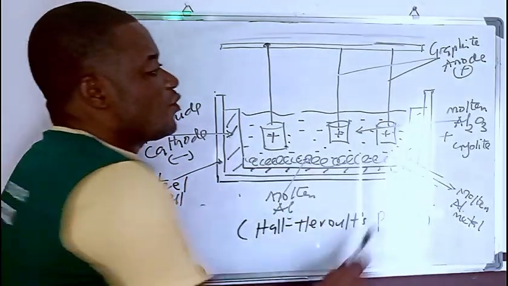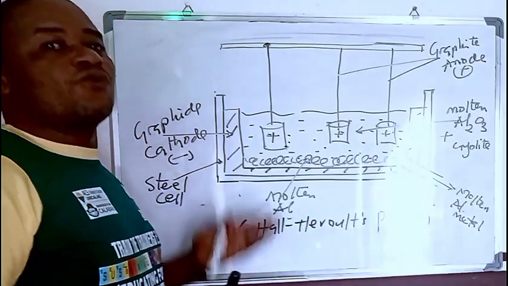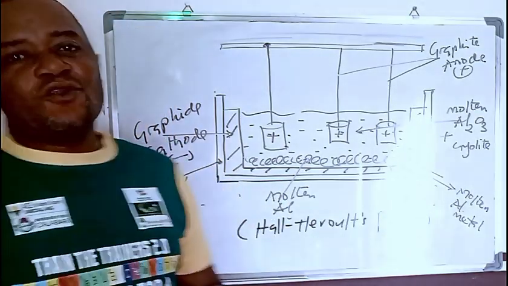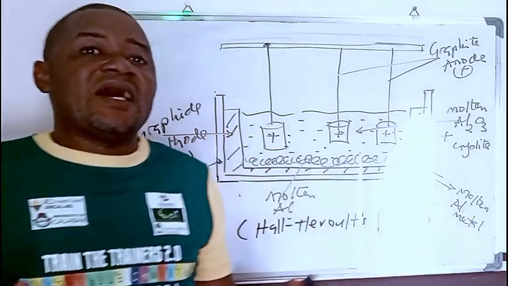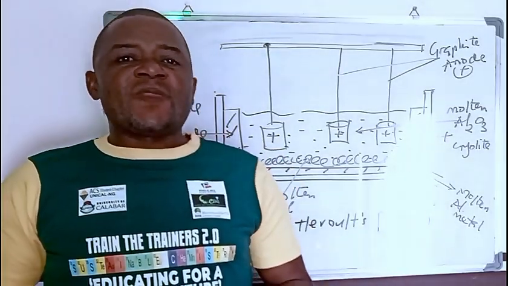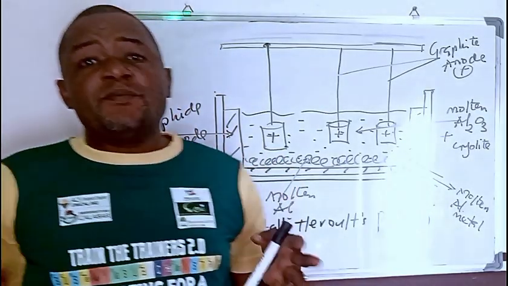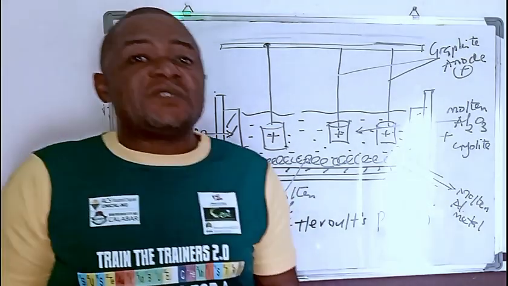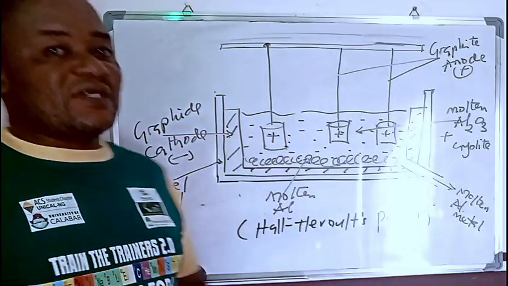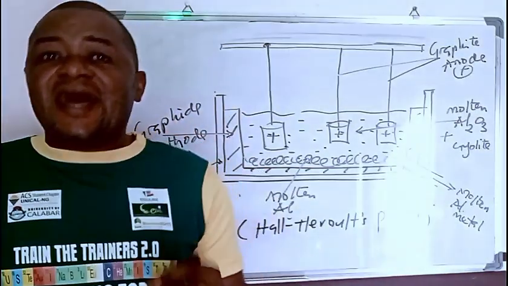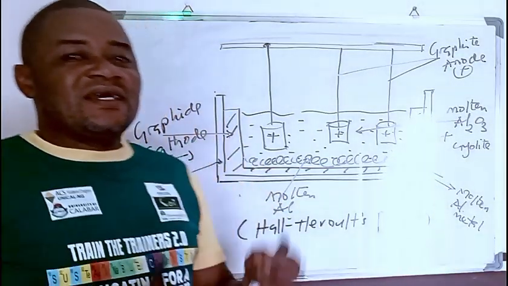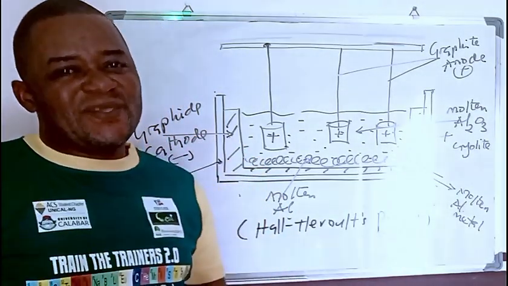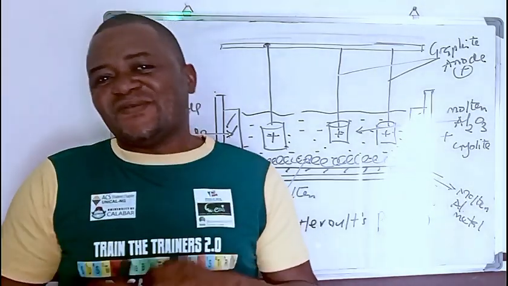But why are we using cryolite in this reaction? Cryolite is very important. Do not forget that aluminium itself has a high melting point, so it would take so much heat for you to be able to obtain aluminium through this process. So the molten cryolite acts as what? As a factor that will reduce the melting point of aluminium and the energy requirements of the system.